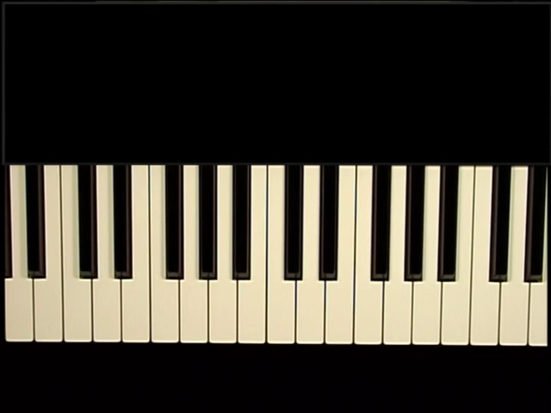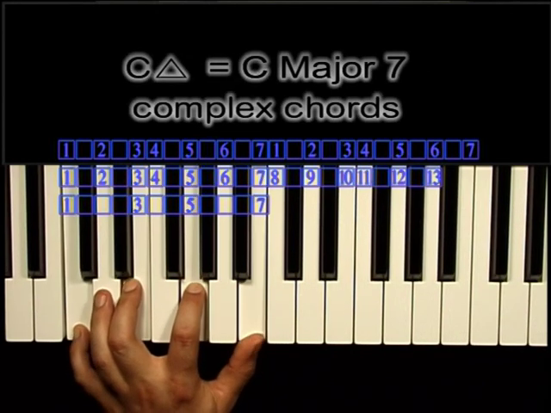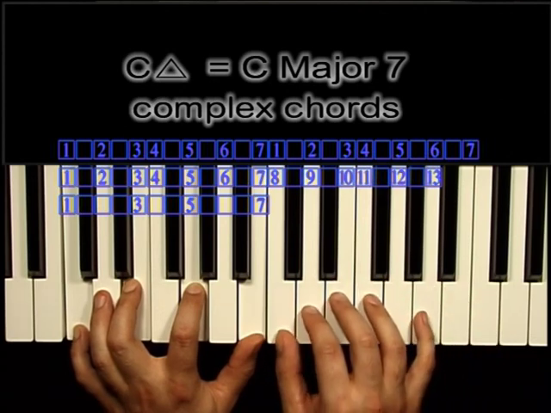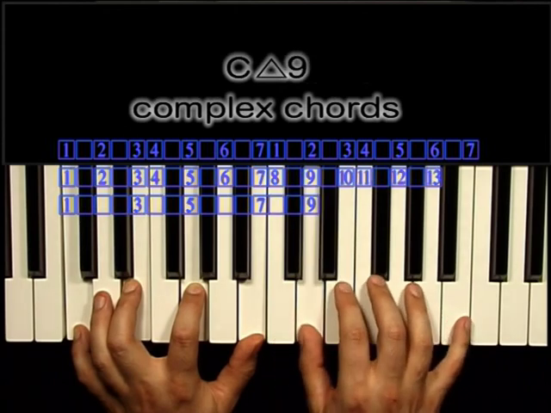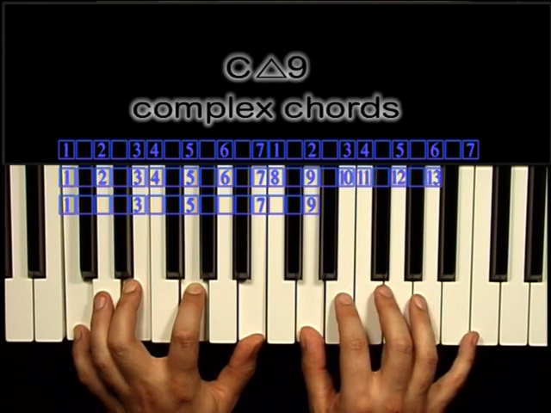What about complex chords like 9ths, 11ths, and 13ths? Let's start with our major 7th. As you're stretching into the 2nd octave, here's the octave, which would be the 8. There's our 9th, which is actually a 2. There's a 10.